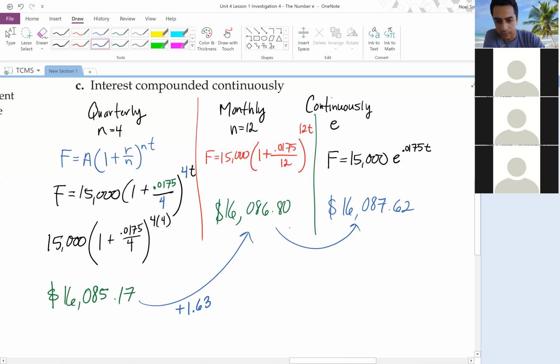It's about 18 cents less, so probably about 82 cents. Okay. So the benefit of continuously, yeah, it's slightly more, but again, it's not like huge. It's not a huge amount. Okay.